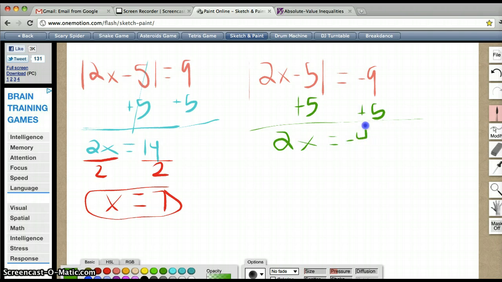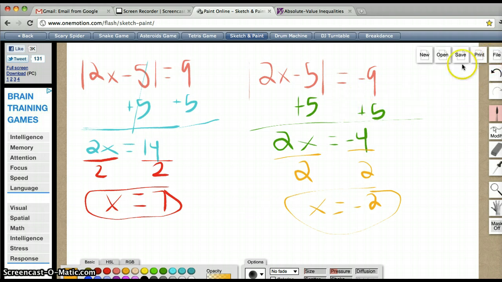Then we're going to switch colors and solve for x. So you're going to divide by 2, divide by 2, and you've got x is equal to a negative 2. And those are your two answers.